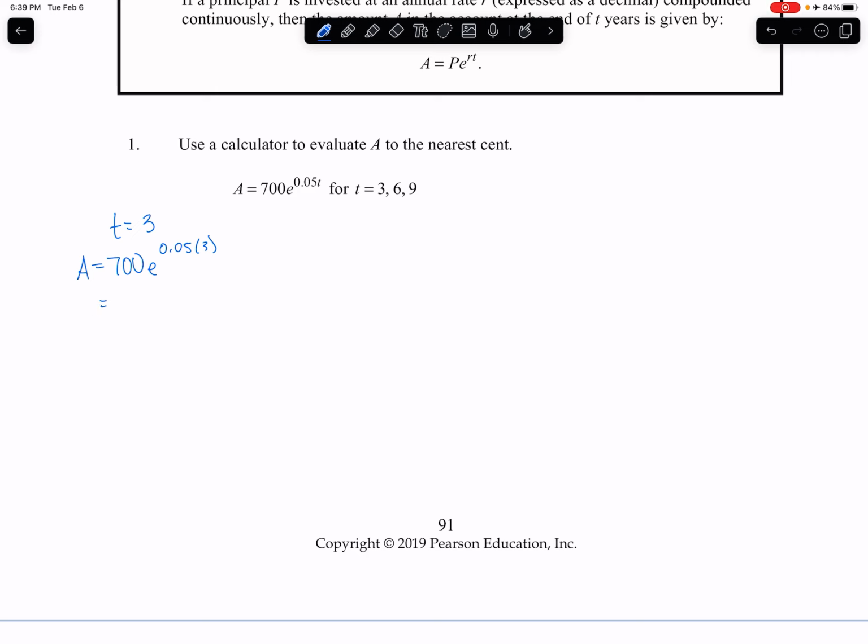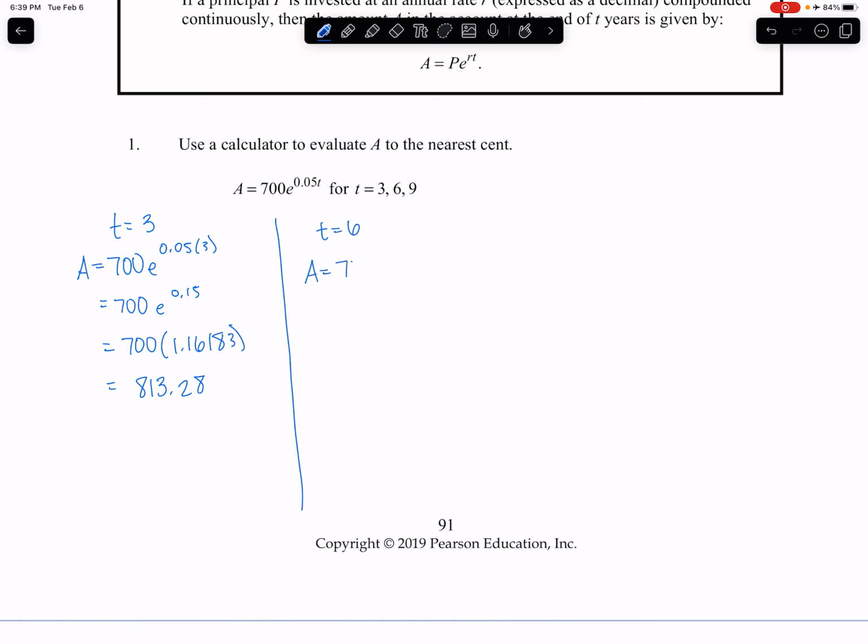This will give us 700 e^0.15. e raised to the 0.15 is about 1.16183. If we multiply those, we get $813.28. Next, let's do t = 6.